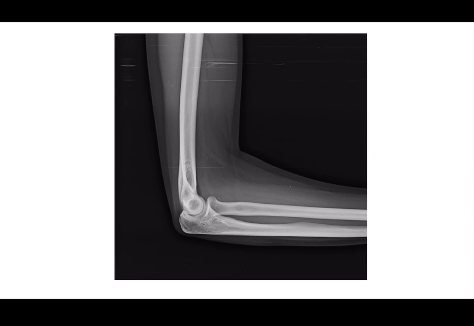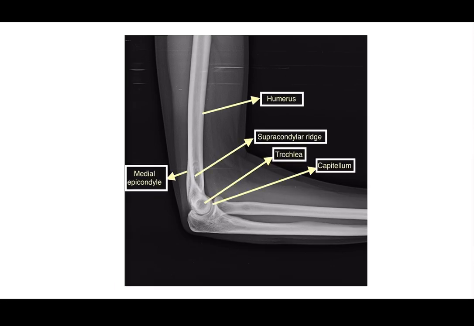So here this is the shaft of humerus, this is the supraepicondylar ridge, this is the medial epicondyle, this is the trochlea, and this is the capitellum. This small thing is the capitellum.